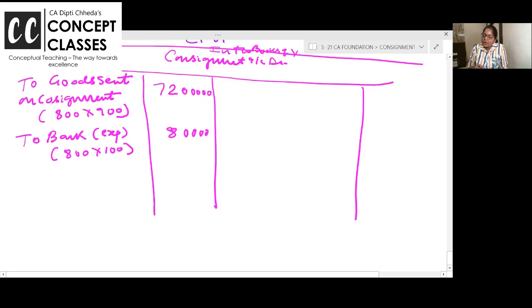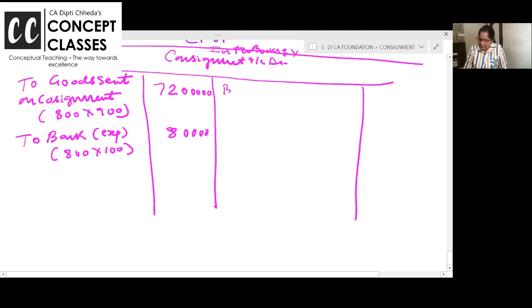One packet was lost on the way, and Mr. Y lodged a claim with the insurance company and could get 570 as claim on average basis. So there are some goods which are lost in transit, and the insurance company has paid the money also.